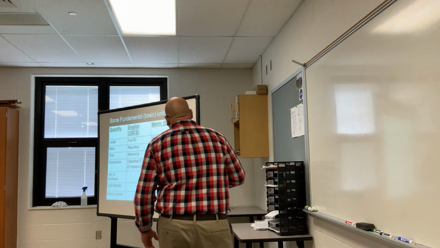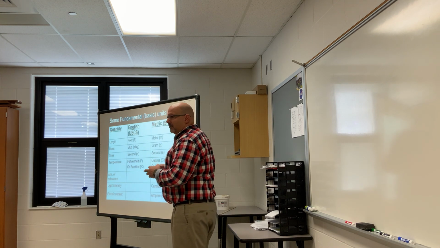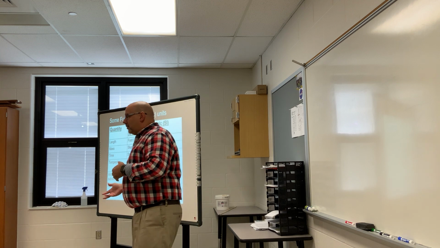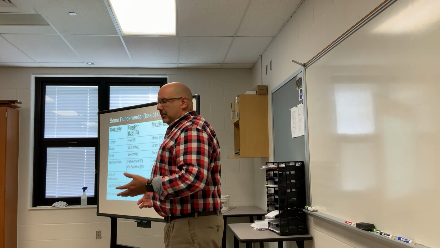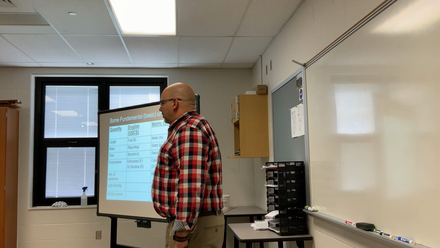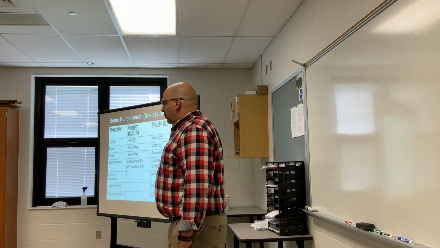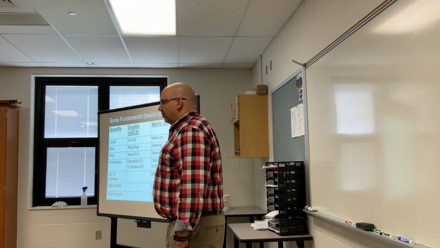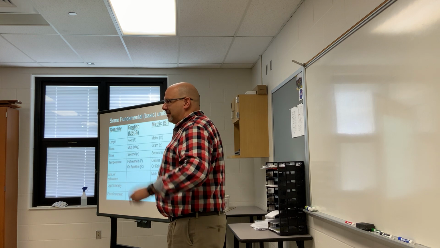These are kind of the building blocks of all the other units that we end up using. For example, if you're trying to measure speed, what unit do you normally measure it in? Not miles, that's distance.